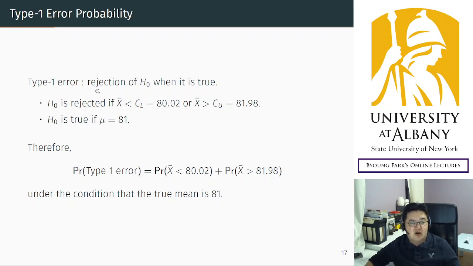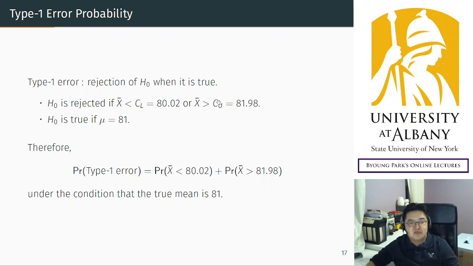So first, let's think about the meaning of these two phrases. Rejection of the null hypothesis happens if the sample average is too small, smaller than the lower critical value, or too large, greater than the upper critical value. And you know the values of the critical values.